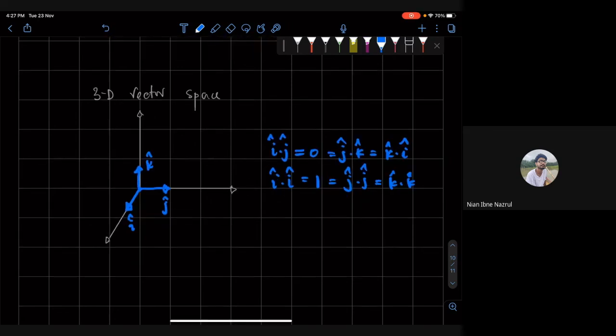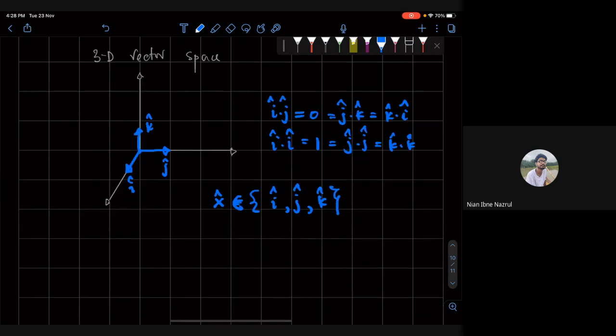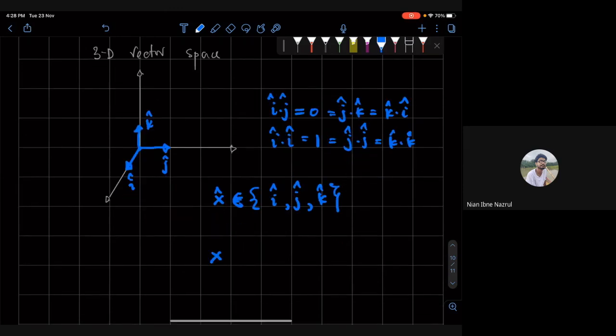So if I call x hat_i, say i hat, j hat, k hat, so x hat_i is an element of this set, then x hat_i dot x hat_j is 0 unless both of them are the same, right? So it should be delta_ij, right?